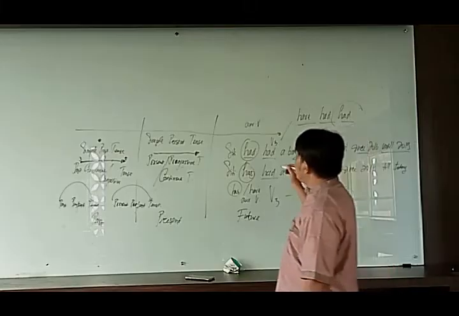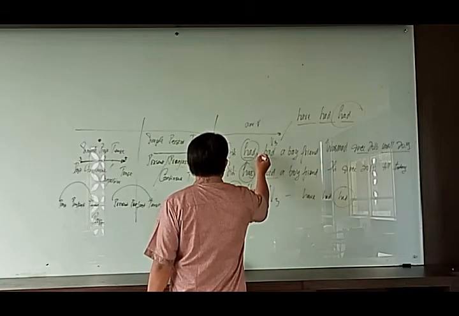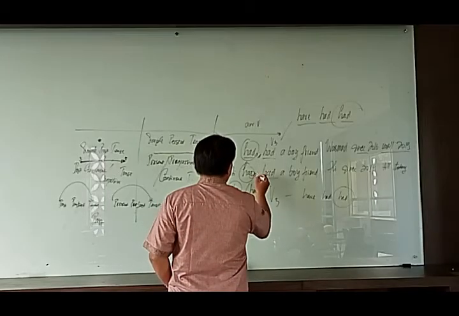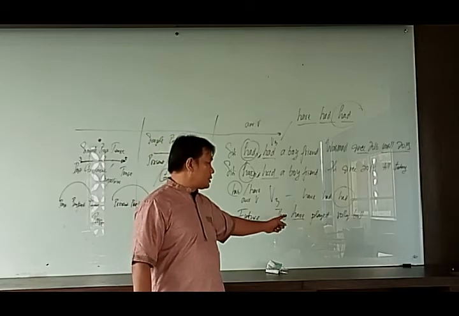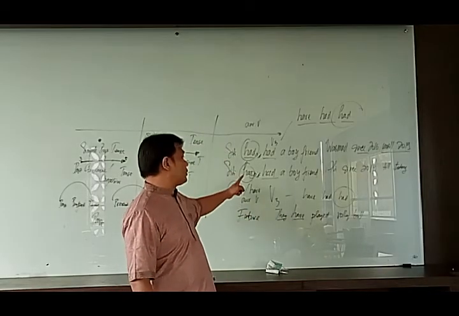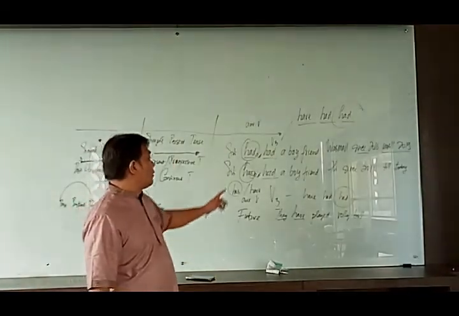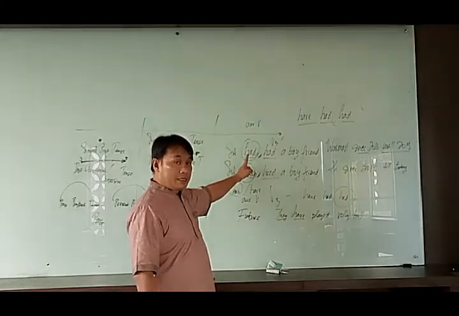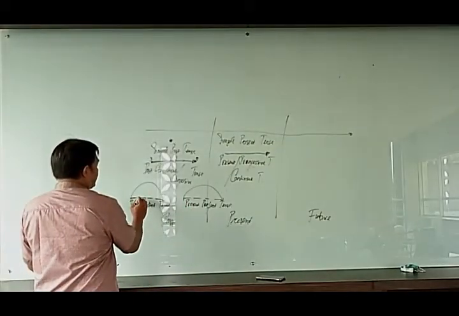And this footnote here, hadn't for the past perfect tense, and hasn't for present perfect tense. They, we, you use have, and she, he, it use has. It's clear? And for past perfect tense, all subjects use had. Get it? Okay, students, next.